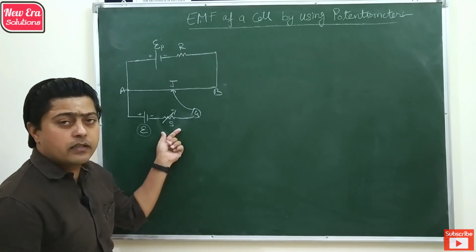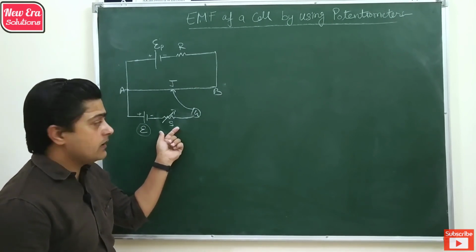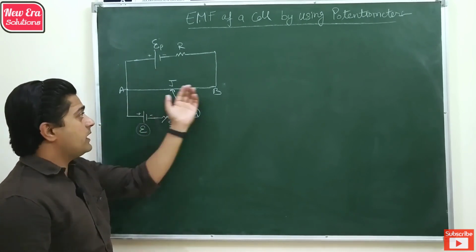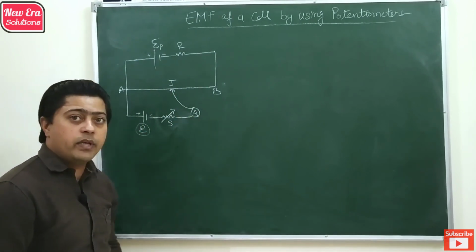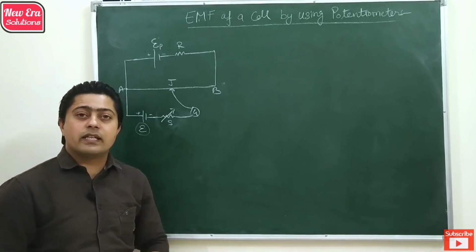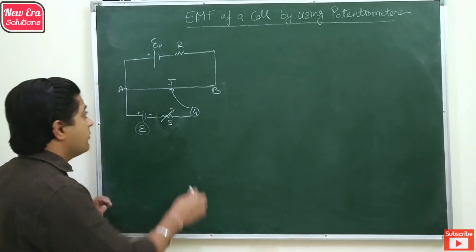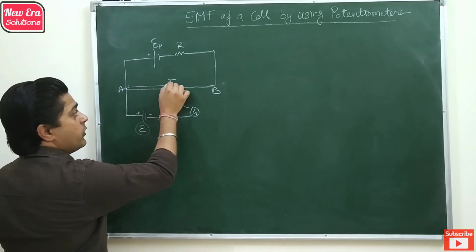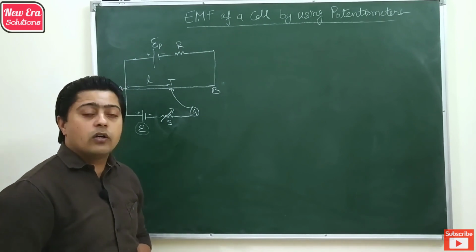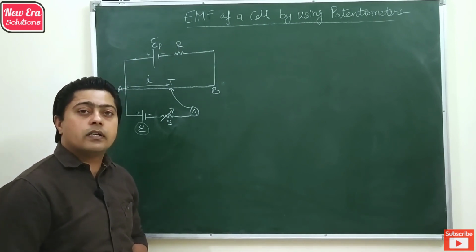It may be a resistance box or a rheostat. Then it is connected to a jockey which can be slid over the wire AB to get the null deflection point, or you can say the balance point. And where we get the null point, that length L is called the balance length or the length of null point.